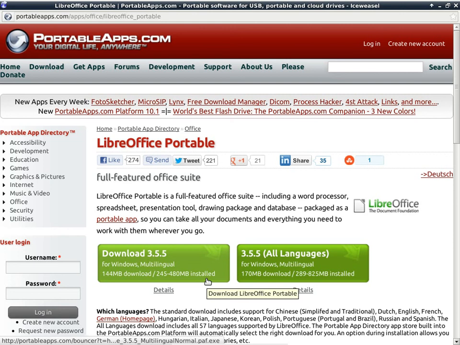Go through Moodle to portable apps, to Office, and sort out LibreOffice. So what's LibreOffice for? Is it like Microsoft Office? Yeah, it's kind of like Microsoft Office, but since I use Linux, I can open Microsoft Office documents, but not 100%. This I can open up 100%.